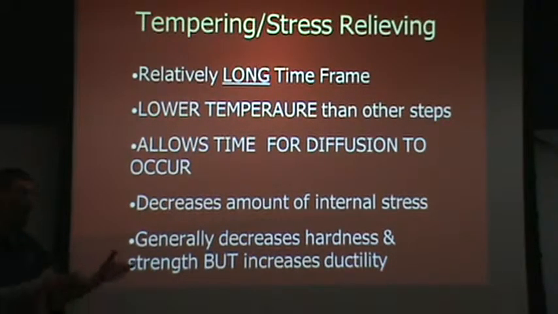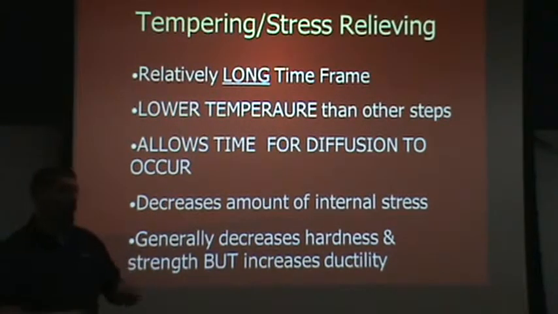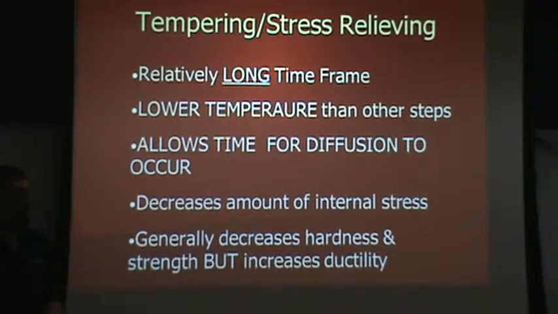But now if we put in some temperature, we've provided a little bit of energy to allow that carbon to diffuse out of that matrix and begin to form iron carbide again. As we get more and more carbon leaving the structure, the hardness goes down. The carbon tends to collect as little tiny spheres, and those spheres will arrange themselves in different ways.